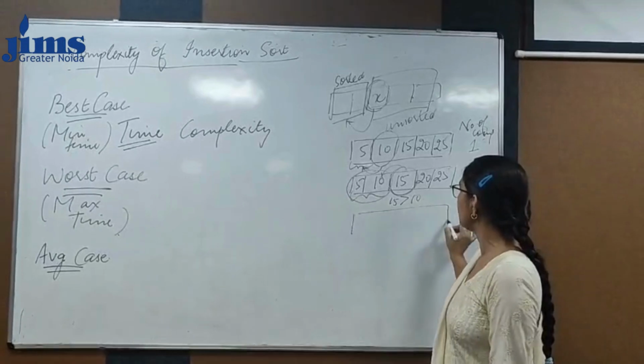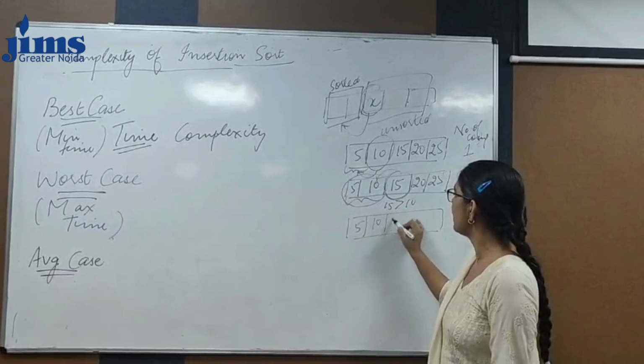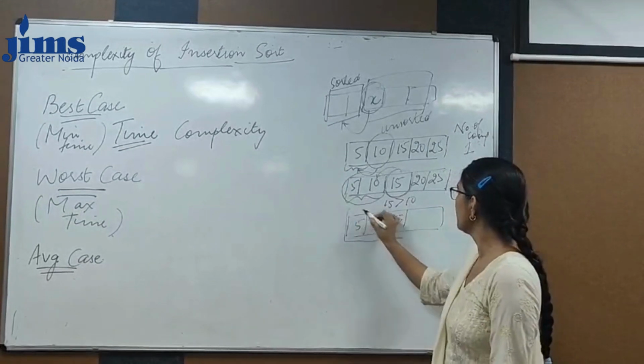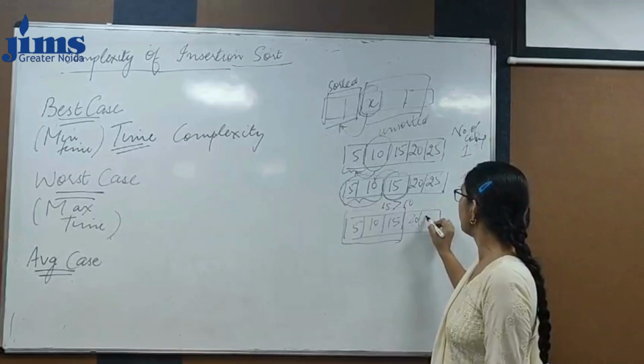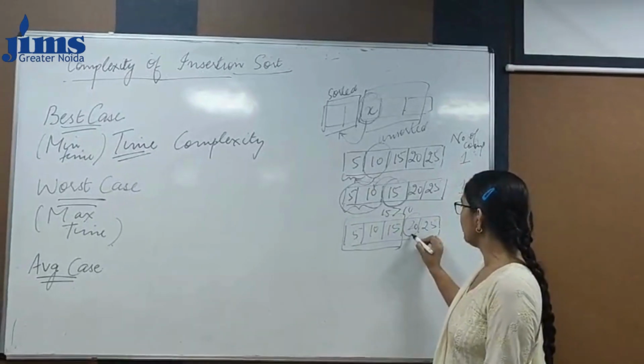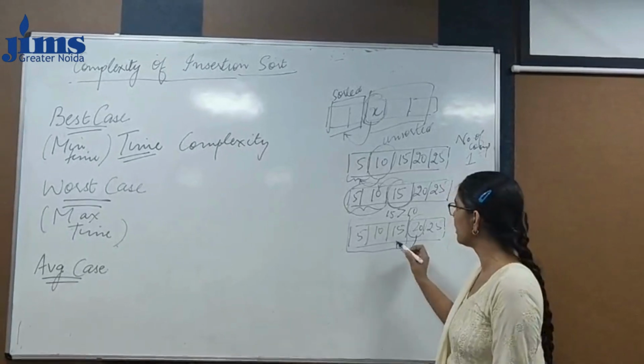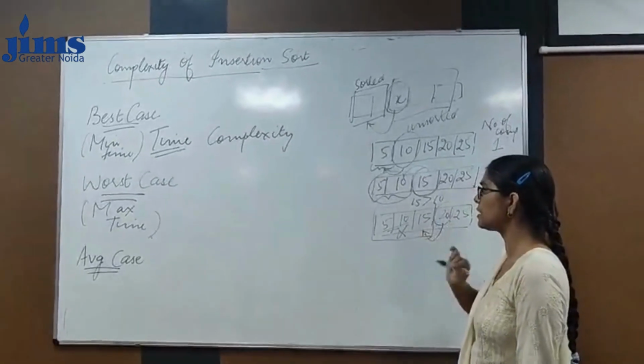Similarly, what will happen with 20 now? Now this is my sorted array, that is 5, 10 and 15. This is the sorted portion, and 20 and 25, this is the unsorted portion. Now is the turn of 20 to get inserted. It will be compared with 15. Again 20 is greater than 15, so it will be greater than 5 and 10 also, so no comparison with these two values.